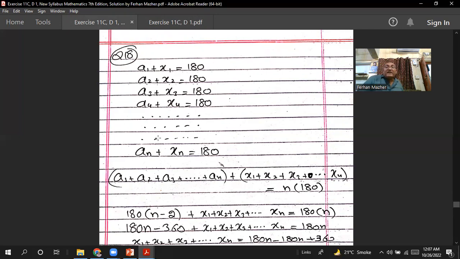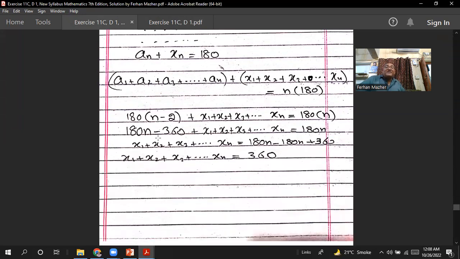So A1 plus X1 equals 180, A2 plus X2 equals 180, A3 plus X3 equals 180, A4 plus X4 equals 180, and An plus Xn equals 180. So add up all of them: A1 plus A2 plus A3 plus up to An, plus X1 plus X2 plus X3 plus X4 plus up to Xn, equals n times 180.